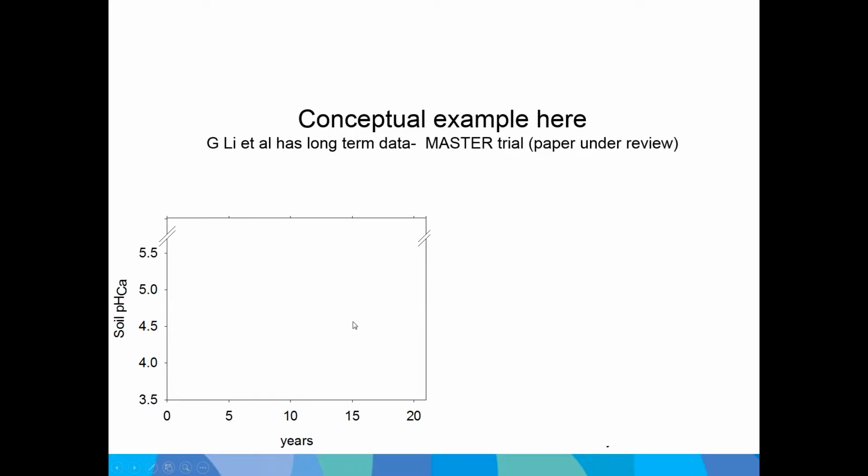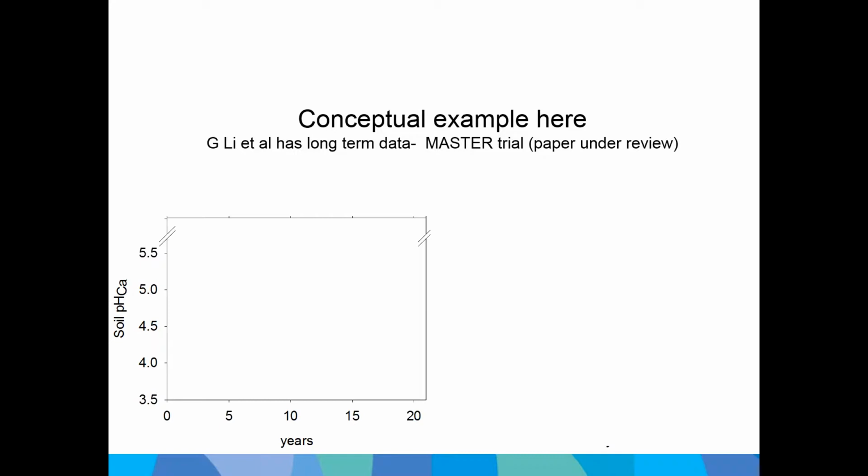Now, I want to show you what that means for us in our agricultural practice, based on these little diagrams where we've got soil pH on our y-axis and years of our management practice going from 0 to 20. This is a conceptual example I'm showing you, but it's based on long-term trial data from the master trial, which was done not far from Wagga. The data that supports this concept is in a paper under review authored by Guandi Lee and others.